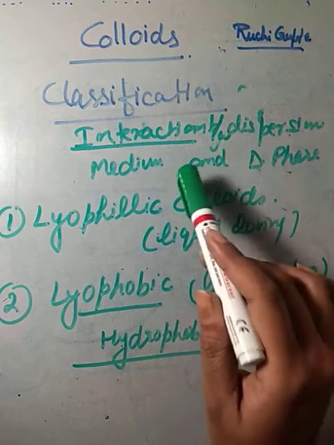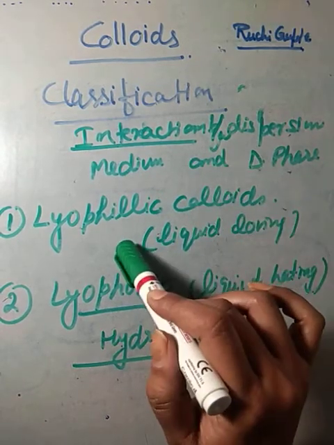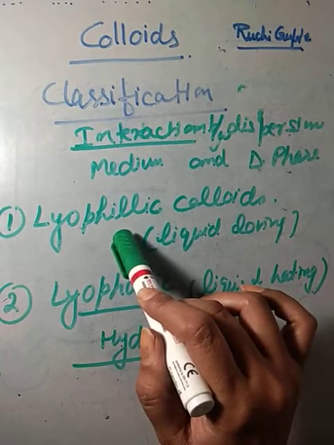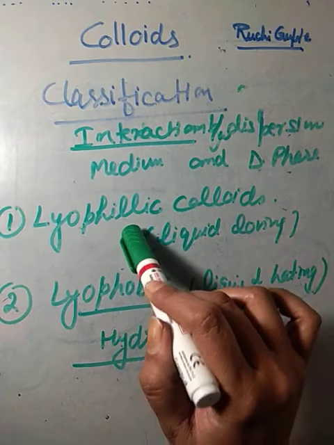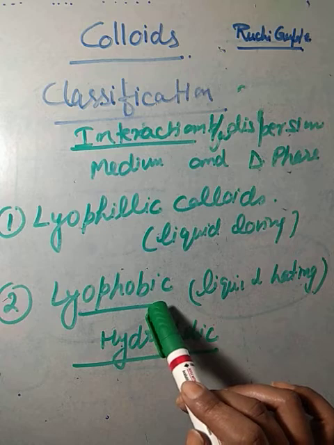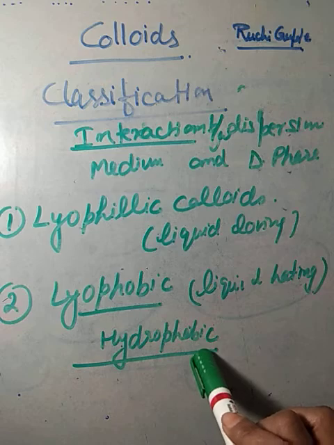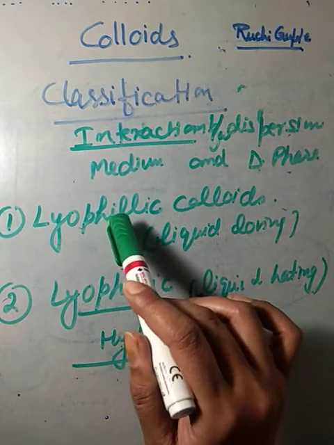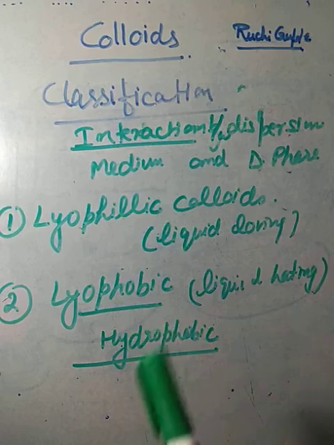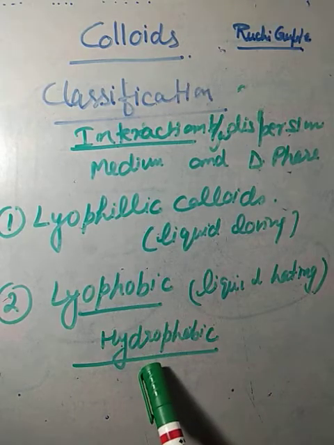So in colloids, coagulation means precipitation. So lyophilic sols are stable, not easily precipitated, while lyophobic sols are easily precipitated by the addition of a small amount of electrolyte. Lyophilic sols are highly hydrated, while lyophobic sols are not much hydrated.